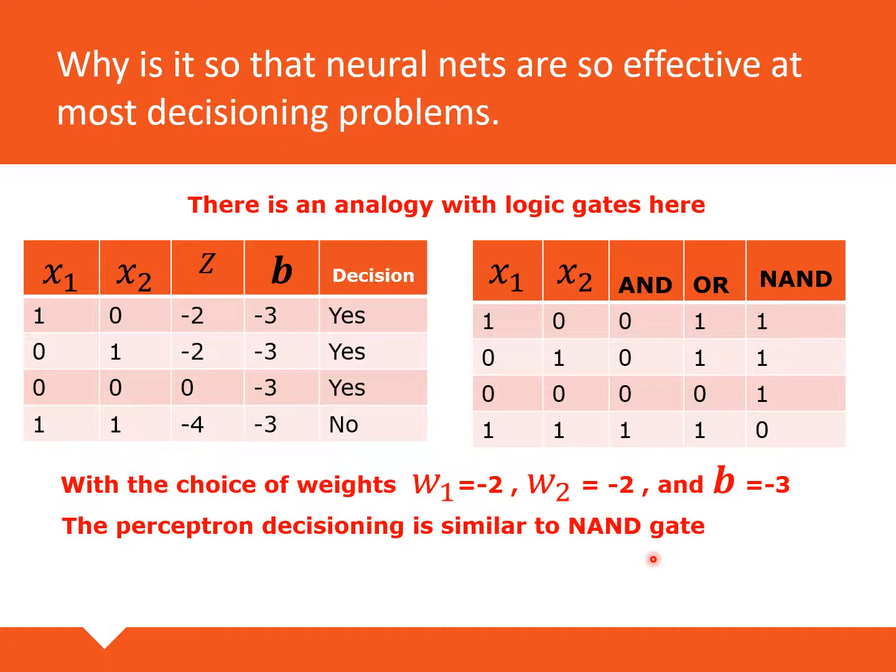And if we generalize, neural networks are nothing but a collection of perceptrons, which actually means that they are a collection of NAND gates organized in a certain way. And NAND gates are universal decision makers. So that would lead us to believe that even neural networks can be universal decision makers, obviously with the right choice of the weights.